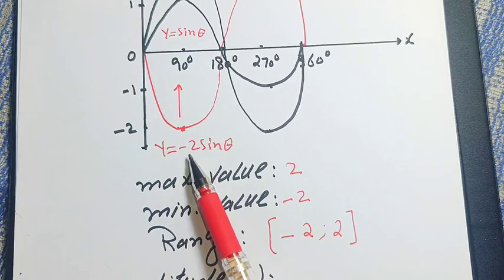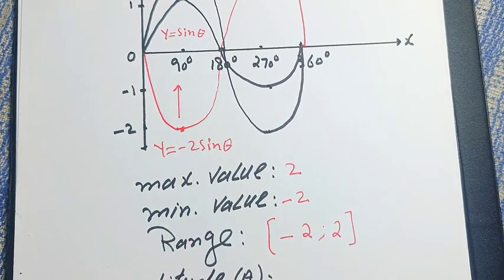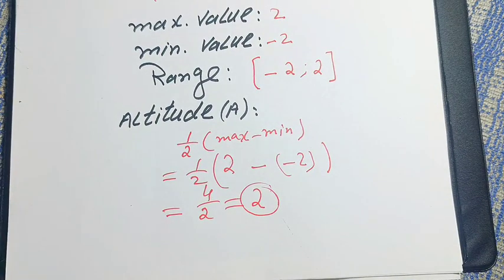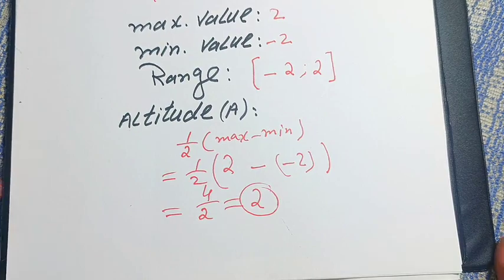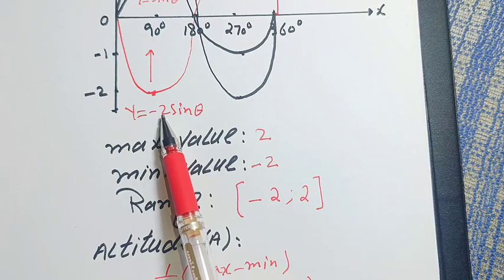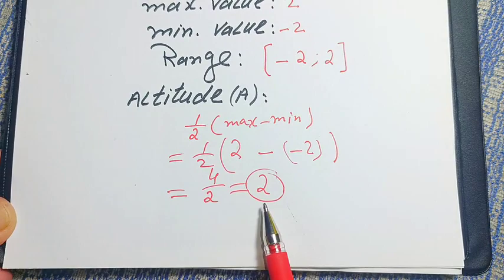Must remember, the negative sign indicates a reflection in the horizontal x-axis. Amplitude is always positive, so therefore you can ignore the sign. Why? Look here. The sign is negative 2, but when we work it out with the formula, the answer comes out positive 2.